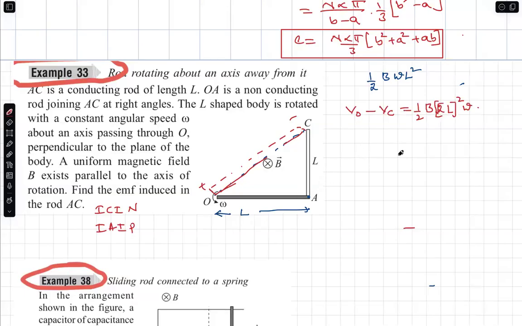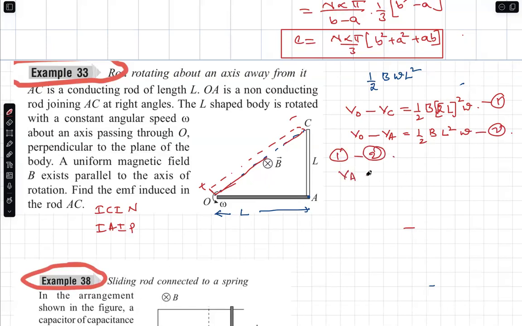Suppose OA is another rod, you would have written this as B L square omega. So what you can do is equation 1 minus equation 2.